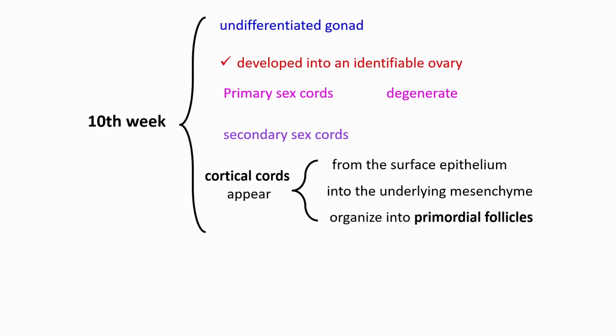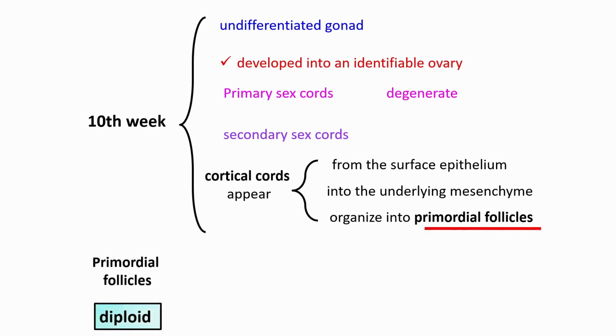So the situation now is different, and the entry of these cortical cords is to form a follicle called the primordial follicle. The primordial follicle is diploid in number. Diploid is a term describing the number of chromosomes, and in diploid cells it is 2n. That means it contains the whole set of 46 chromosomes.